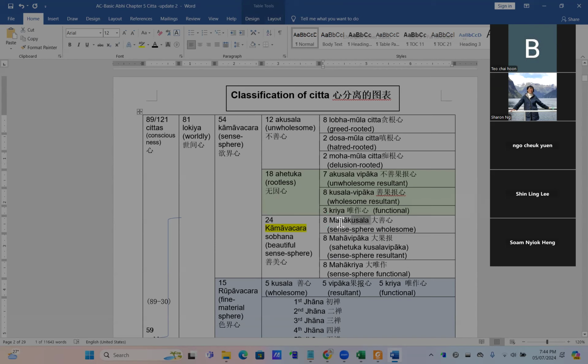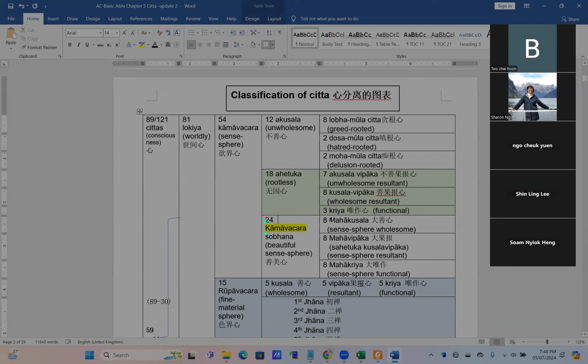Kusala means when you do a wholesome deed, there will be a corresponding Vipaka result. And Kriya is for the Arahant and Buddha. So 24. And how do you get 54? 12 plus 18, 30, and plus 24. So you get 54.